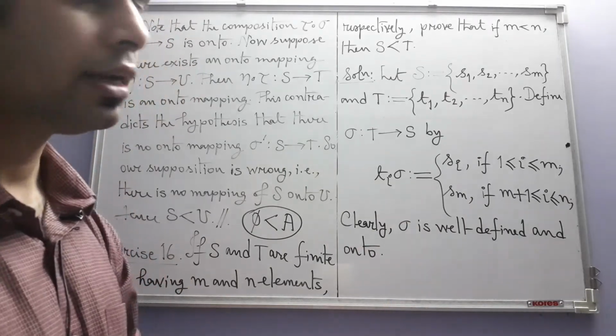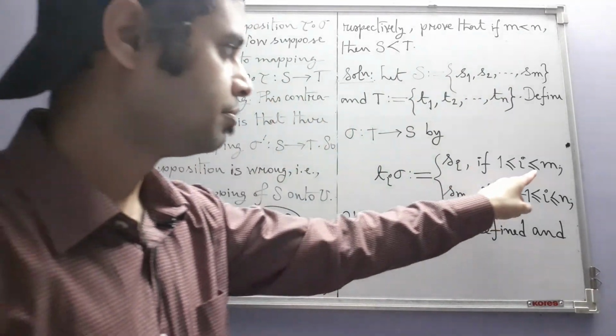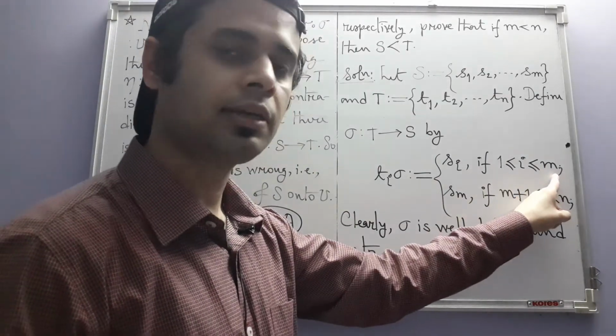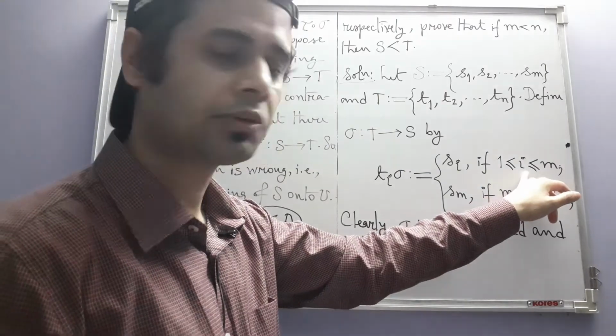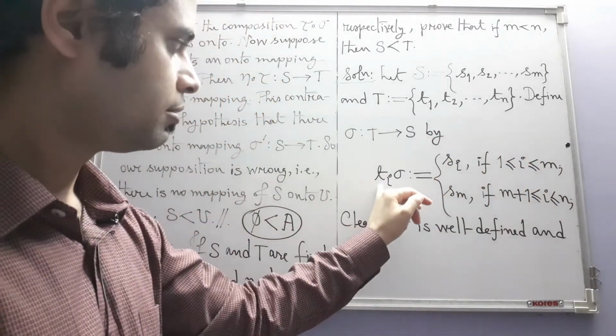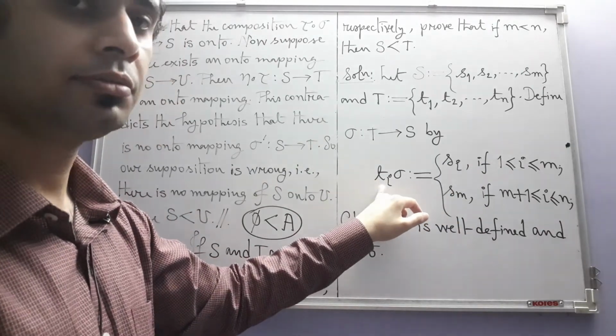You choose any element arbitrarily, if the suffix of that element is within 1 and m, and that element is Si for that type of i, then the element from which Si is coming is Ti.